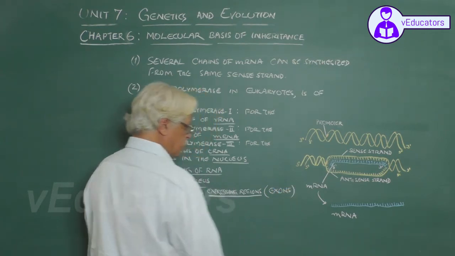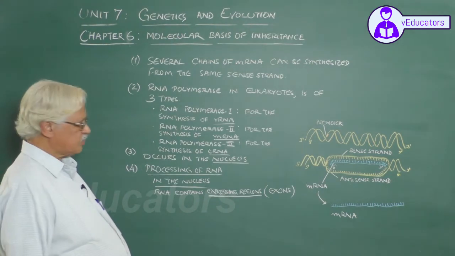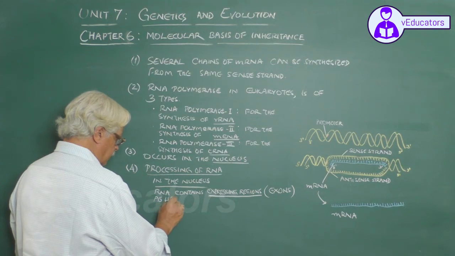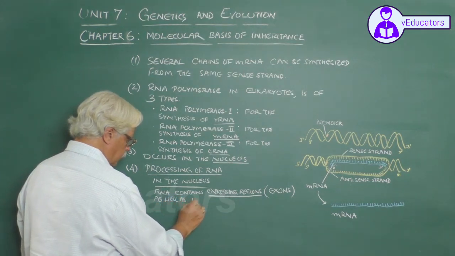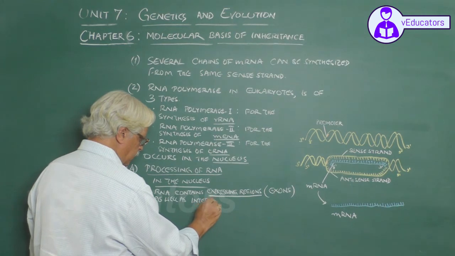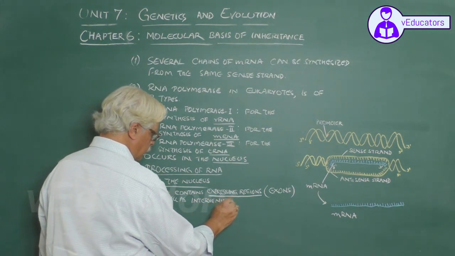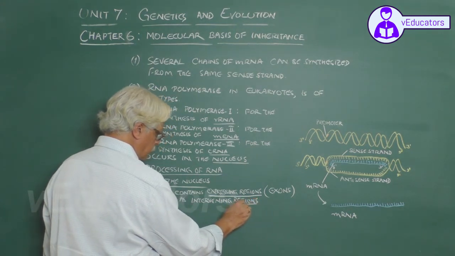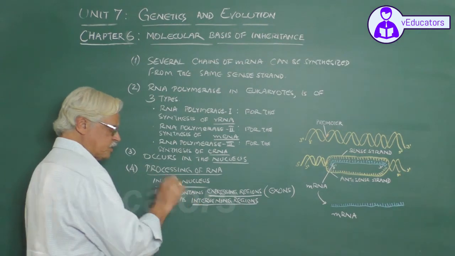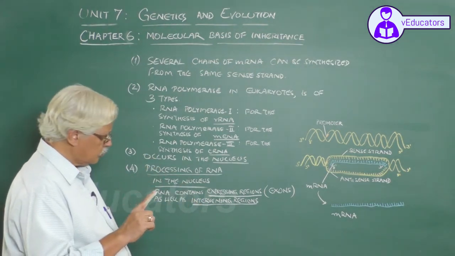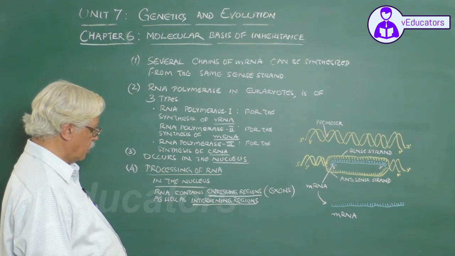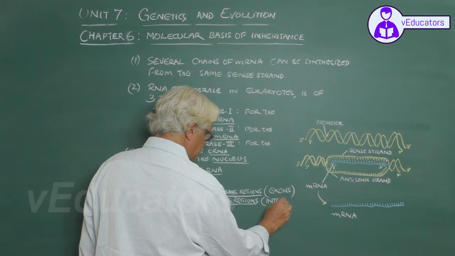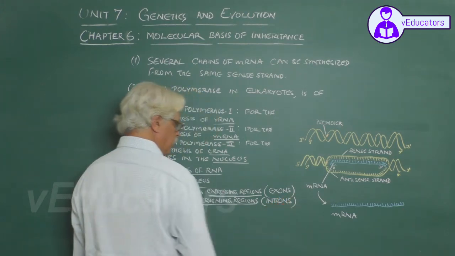These expressing regions are called exons, as well as intervening regions, sequence of some nitrogen bases that do not function as codons. These are called introns.